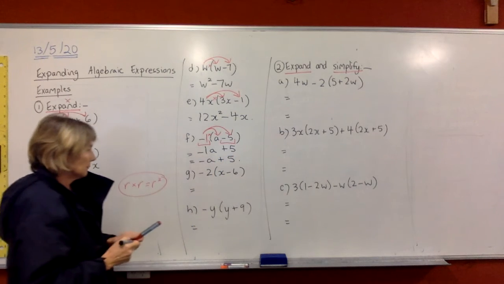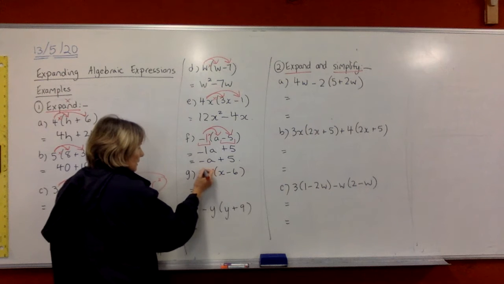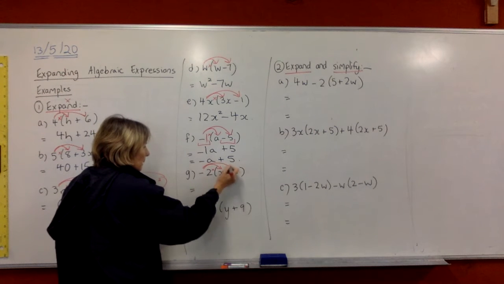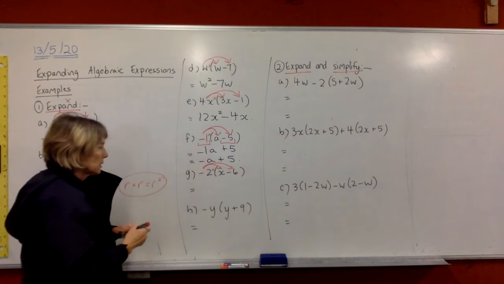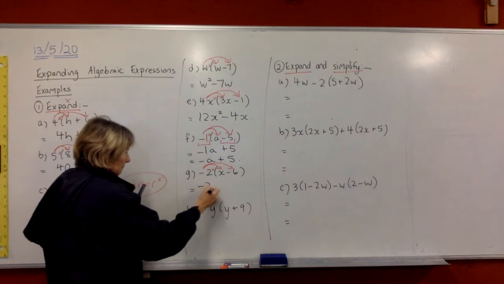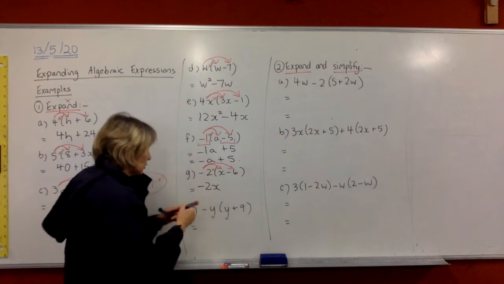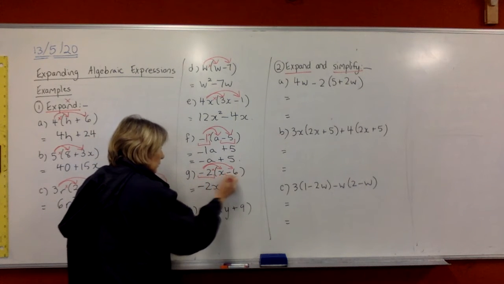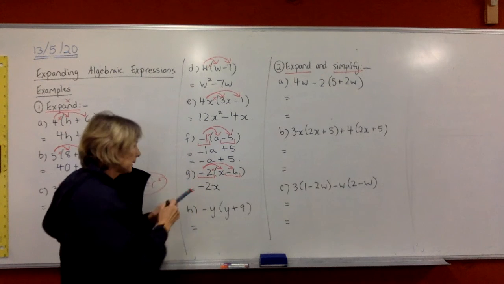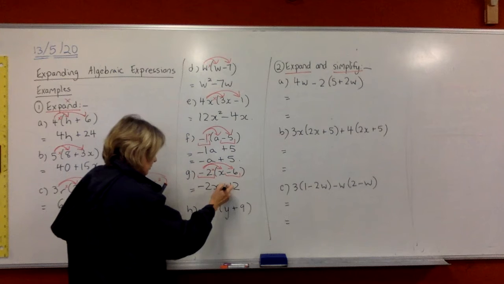And there's your answer. Now in the next one, put your times in. We're multiplying everything by minus 2. So minus 2 times x is minus 2x. And minus 2 times minus 6, use your calculator and you will get 12. But you can't just write 12, it needs a sign, so it's a positive 12.